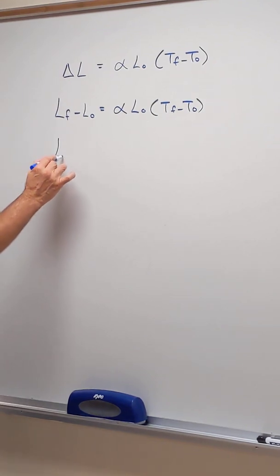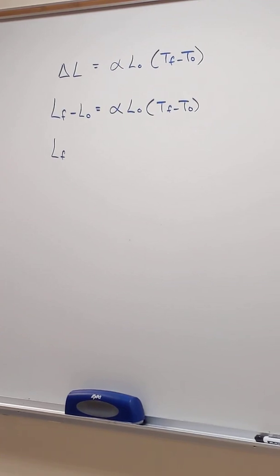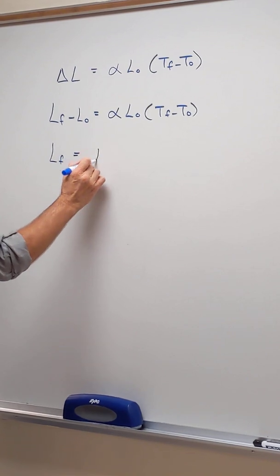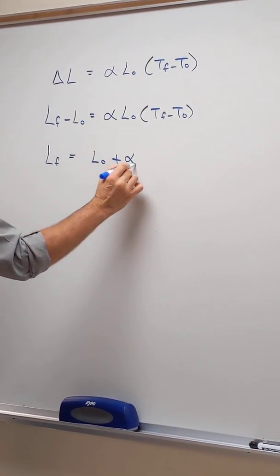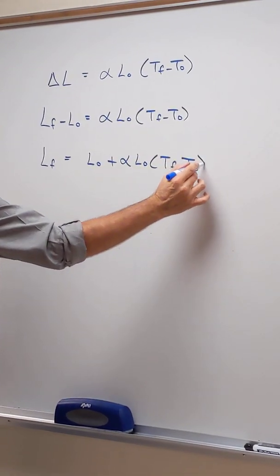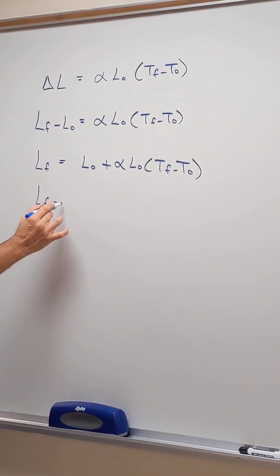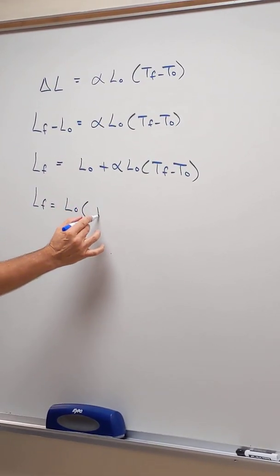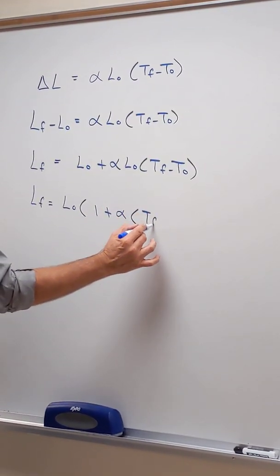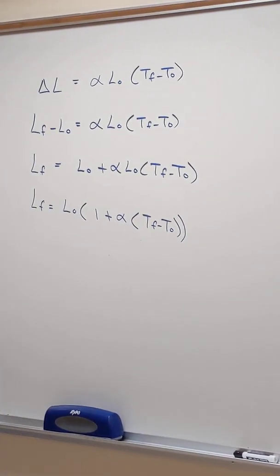If I want the final length, let's say that's my objective. Hey, what's the final length? I can move this over, and then I can factor out L naught times 1 plus alpha delta T. Okay, so think about what's going on here.